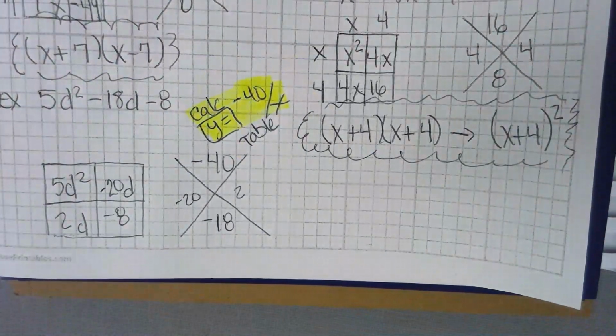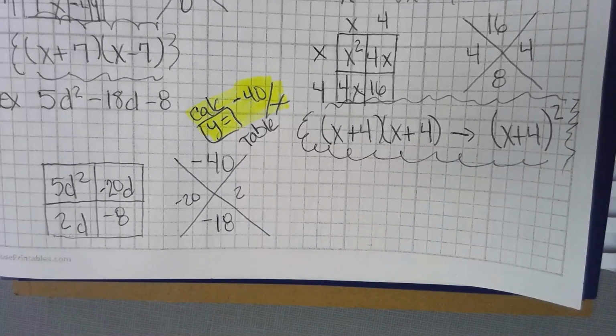See if y'all can do greatest common factor, greatest common factor, greatest common factor, and greatest common factor. See if y'all can do it without me. Pull out your GCFs. Greatest common factors.